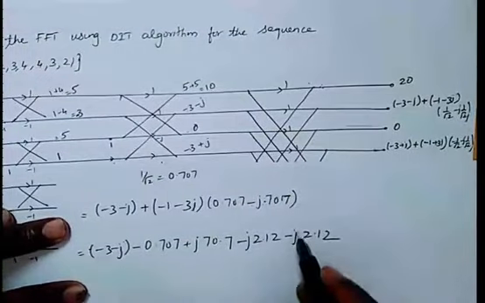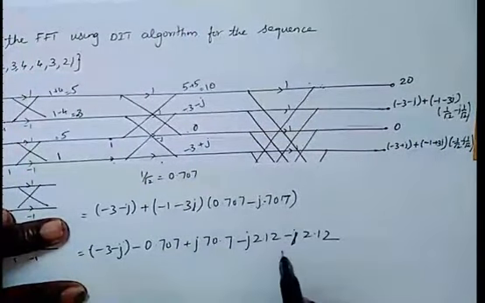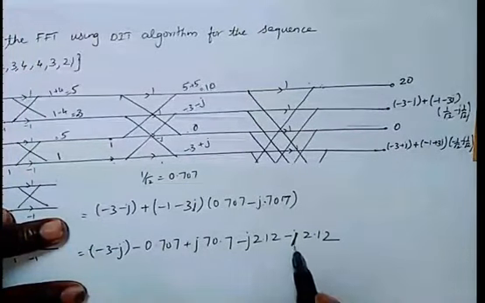Sorry, there is not going to be any j here because j into j is minus 1, so we have to take off the j.